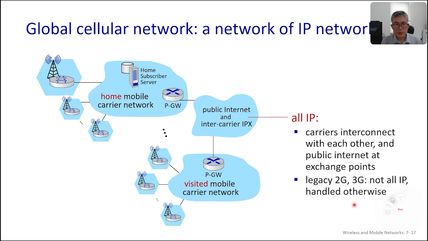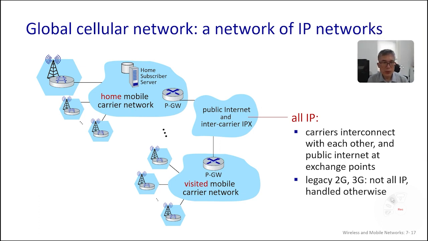And this figure shows the global cellular network, like a network of IP networks. This is a home mobile carrier network. This is the UE's visited mobile carrier network. Also in the middle, the data network is the internet.